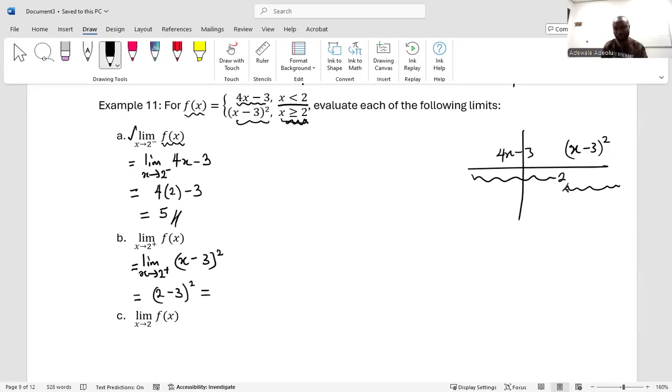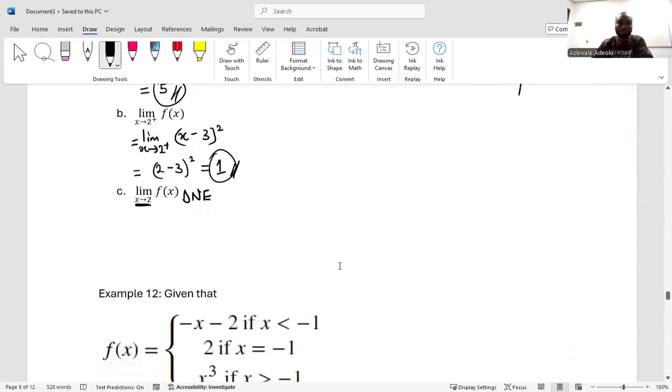So that is minus 1 squared, which is 1. Now, look at this question. What is the limit of f of x as x goes to 2? I will claim that it does not exist. The limit from the left is not the same as the limit from the right. That means the two-sided limit does not exist for that function at that point.